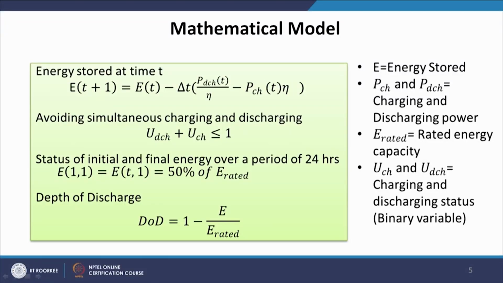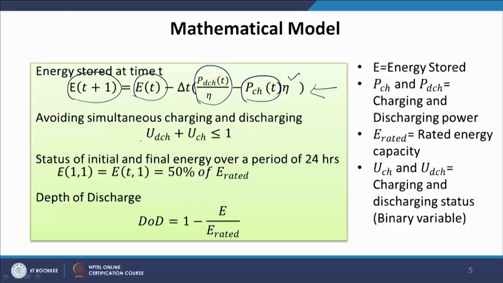The energy stored at time t plus 1, E(t+1), is the energy available at time t, reduced by delta t times P_DCH(t) divided by the efficiency, minus P_CH(t) multiplied by the efficiency. What are P_CH and P_DCH? They represent the charging and discharging power.